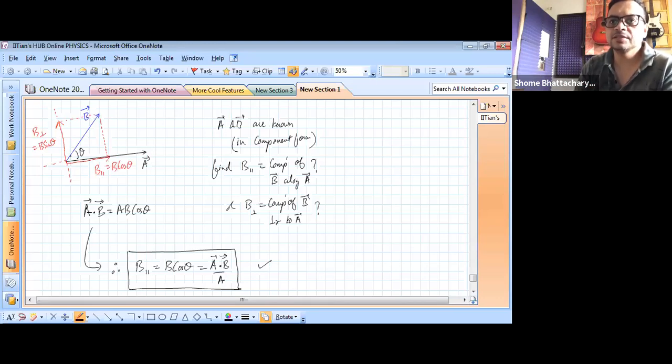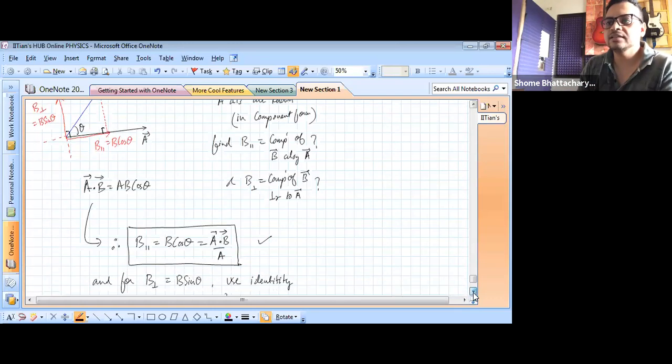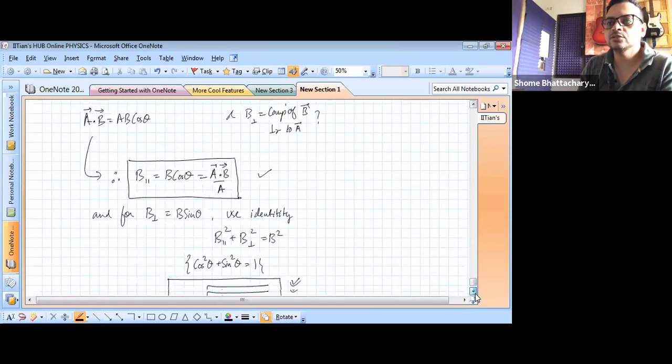You can see the relationship between the vector B itself and the two components is that they form a right angle triangle. This is a right angle triangle. Because in this figure you can see this angle is 90, this angle is 90. So in this right angle triangle, if you use Pythagoras theorem, or like I said, you use the identity that sine square theta plus cos square theta is unity.